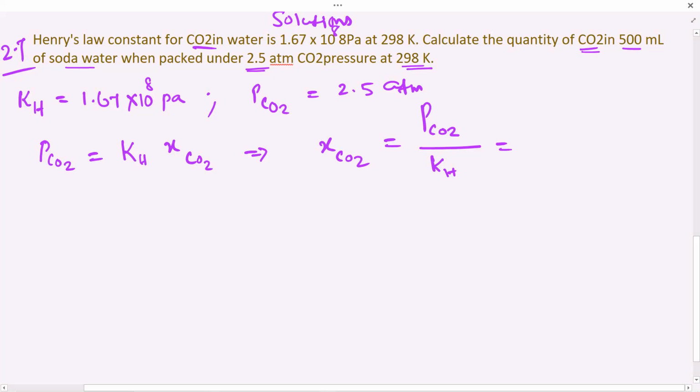Before substitution you have to understand that the Henry's constant is given in Pascal and the partial pressure is given in atmosphere. So we have to convert this atmosphere into Pascal.